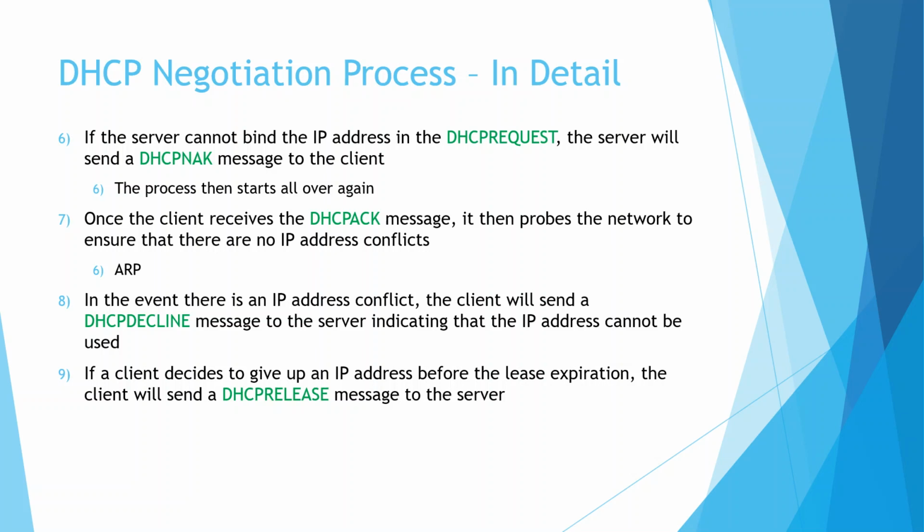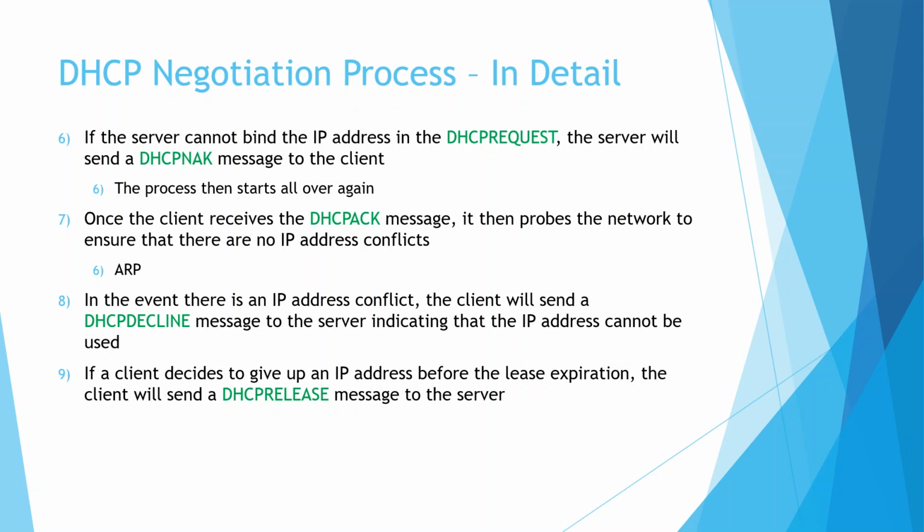And so what's going to happen there is that the client's just going to say, oh, okay, that's too bad, I'll just go through the process again. And it just goes through the whole DORA process again to obtain an IP address. Now, you probably wouldn't even notice this happening overall, just because it's going to happen so fast on the network. But ultimately, for whatever reason, if that IP address is not available, then it will just NAK and then go through the process again.